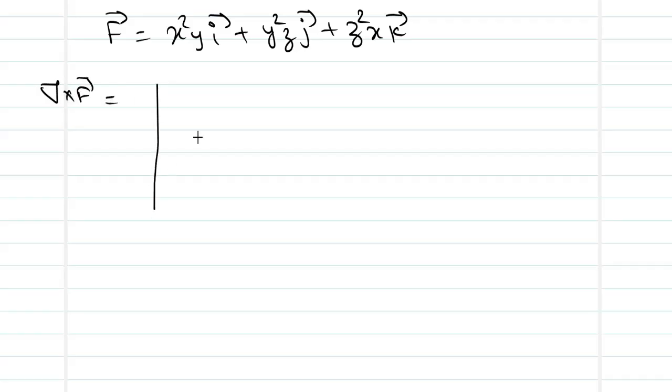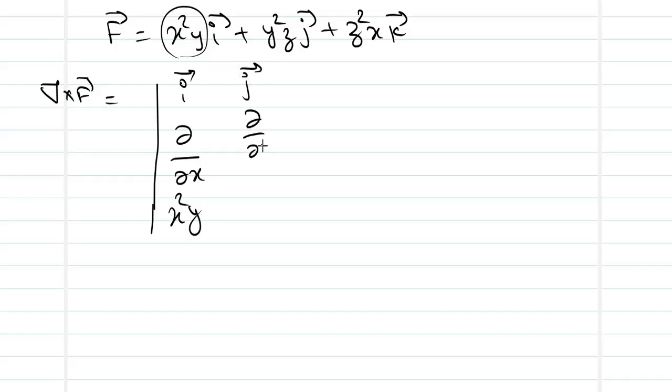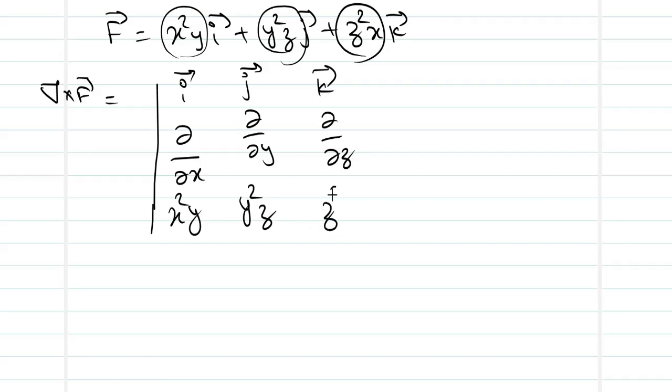So it is the determinant of i, dou by dou x and my first component. What is my i component? x square y. j, dou by dou y of my second component y square z. k, dou by dou z of the third component z square x.